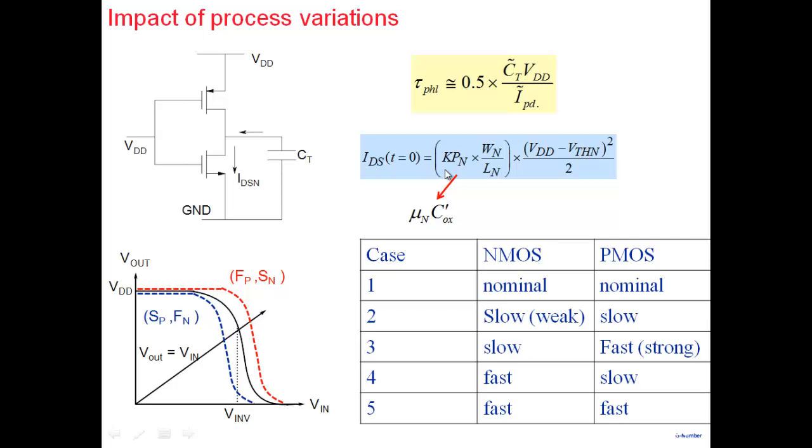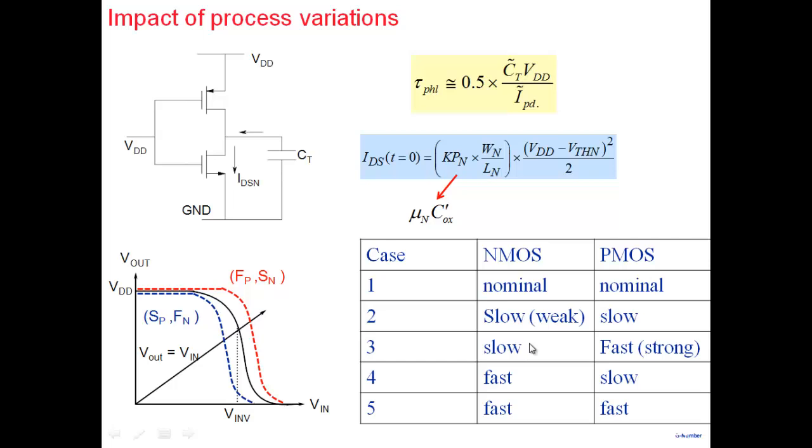On the basis of the values of KPN and VTHN, we can classify transistors as slow transistors. Slow meaning KPN is at its lowest point and VTHN is at its highest value, and that results in the lowest value of current, which translates into the highest value of delay. That's why we call such a transistor a slow transistor.